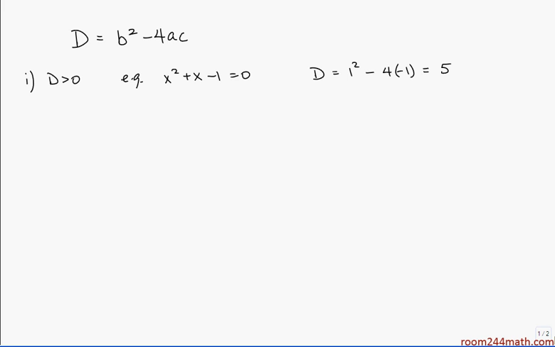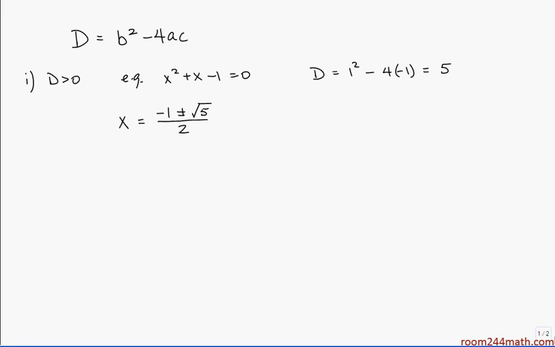So 1 plus 4 is 5. So we have a positive discriminant, and we can use the quadratic formula to find the roots of this. x is equal to negative b, so that's negative 1, plus or minus the square root of b squared minus 4ac, which we just calculated, it's 5. So it's negative 1 plus or minus root 5 all over 2 times 1.